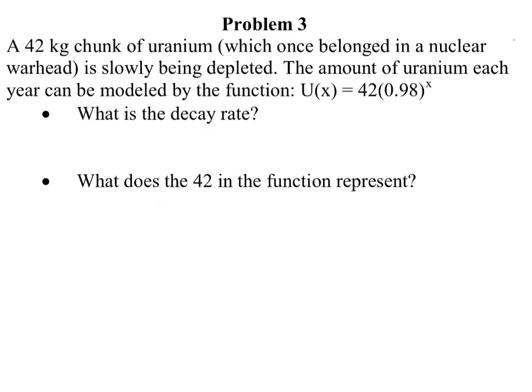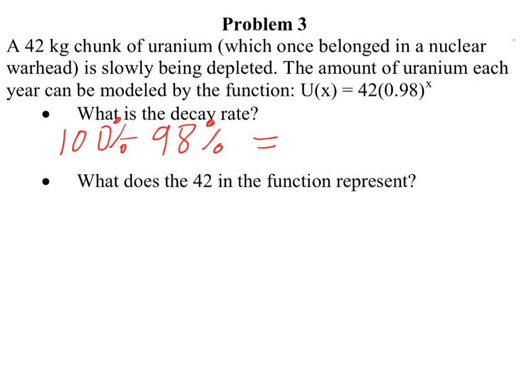Moving on to problem 3. This one's asking about the decay rate, and that's really simple. It's like a percent of decay. You're going to start right here with this guy here. That has a 98%. So that's kind of what you're timesing by every time. Well, what is that? Less than 100%.